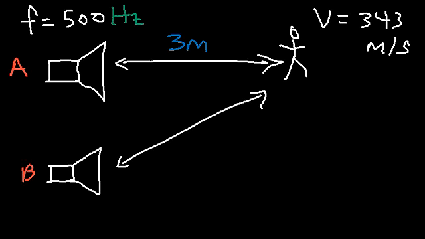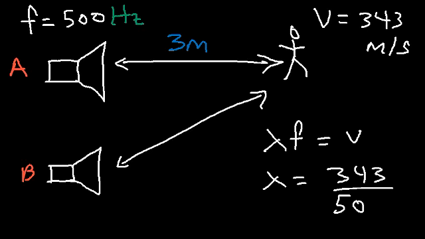So let's use the equation wavelength times frequency is equal to the speed. So the wavelength is the speed divided by the frequency. So it's 343 meters per second divided by 500. And that's about 0.686 meters.